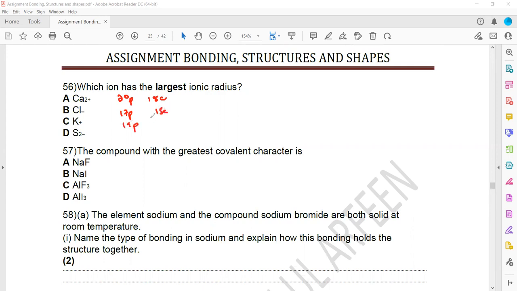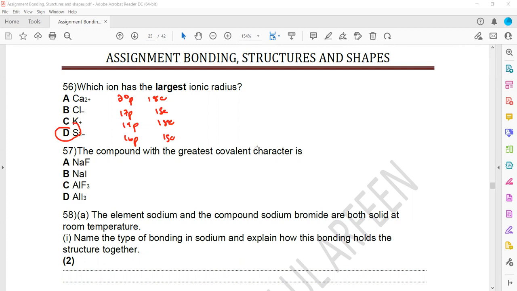This will have 19 protons and 18 electrons, and this will have 16 protons and 18 electrons. So this is the same question with the same options, but before it was the smallest when we highlighted calcium, but now it will be sulfur. So D will be the right answer.